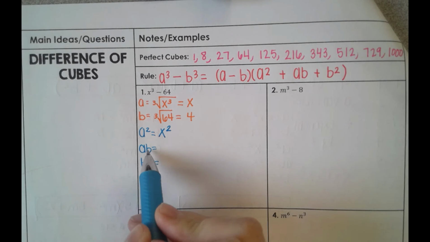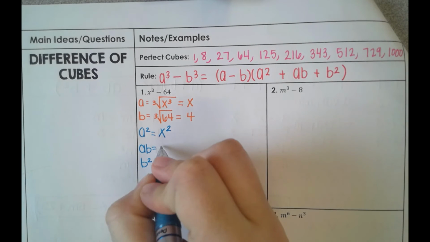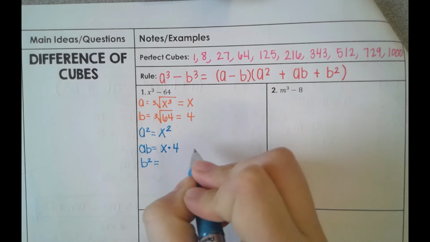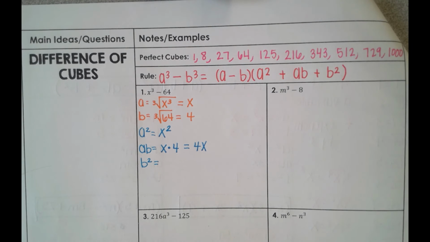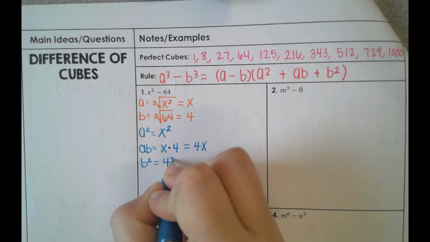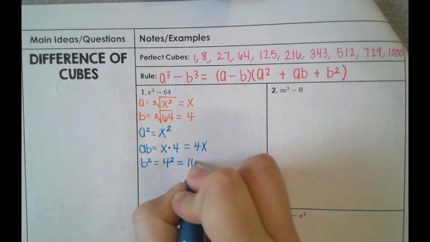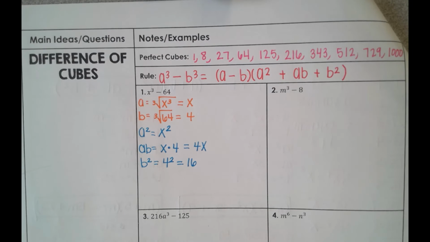Then ab, that's saying a times b, so x times 4 is 4x. And then b squared, that's 4 squared, which is 16.